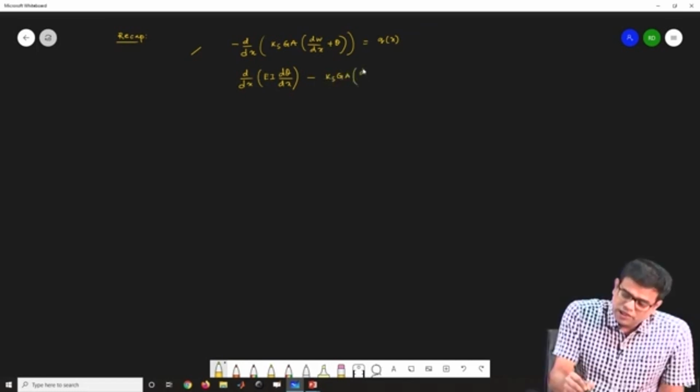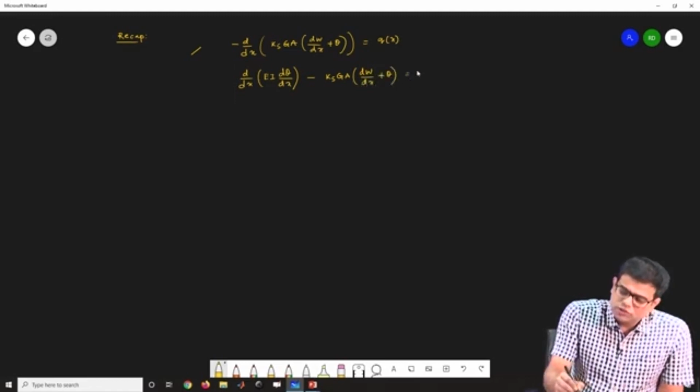Timoshenko beam, which is governed by this equation, that is d/dx of (dw/dx plus theta) equals to qx or q0, whatever you take. And there is another equation, d/dx of the bending term, that is EI d theta/dx, minus ksGA into (dw/dx plus theta), and this equals 0.